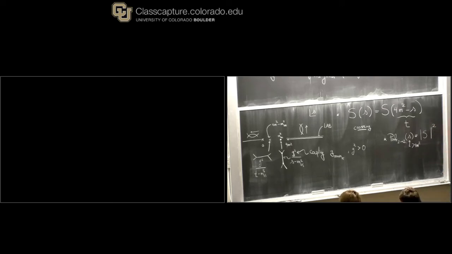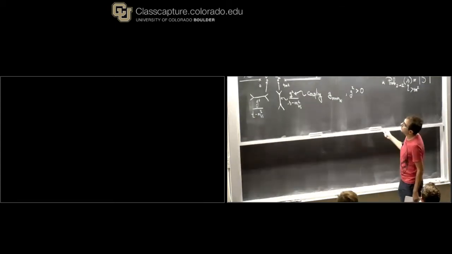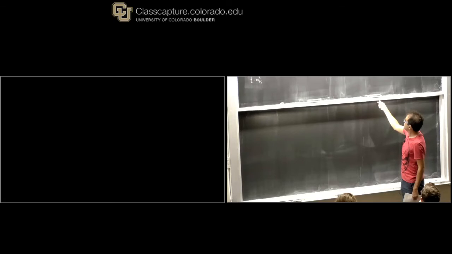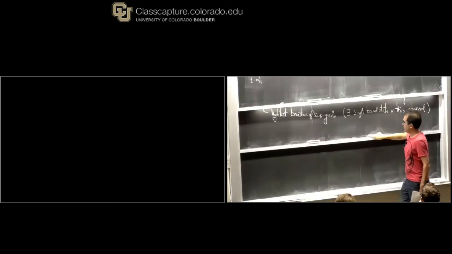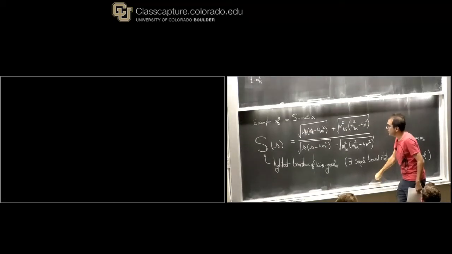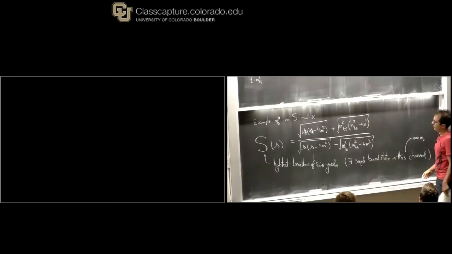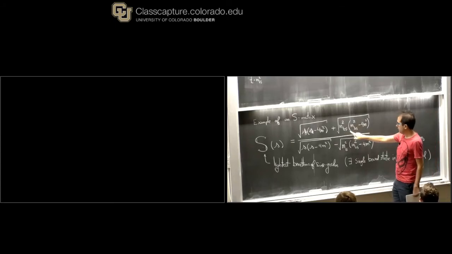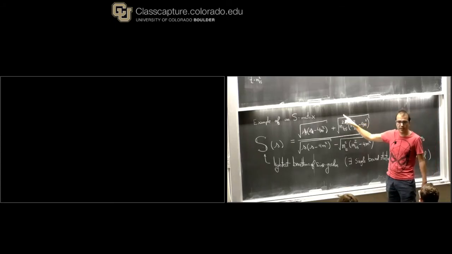So what is this? Let's look up there. What do we learn about this S matrix concerning this? This quantity here, what can you say about whether it's real, imaginary, purely real, or a little bit of both? What would you say about this square root here?